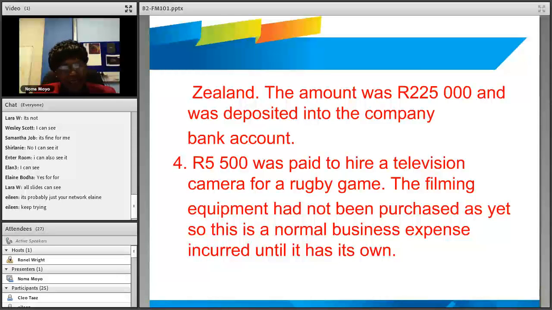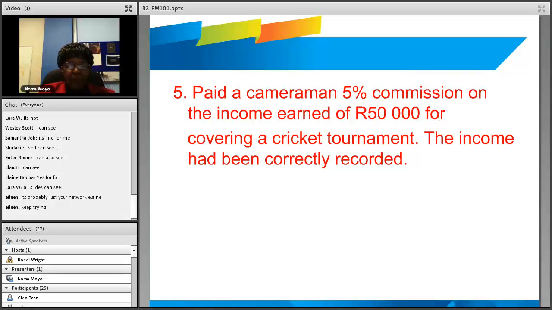Debit the receiver, credit the giver. Number 5, paid cameraman 5% on the income earned of 50,000 for covering a cricket tournament. The income has been correctly recorded. So if you paid a cameraman, you debit commission payable because it's an expense and credit the bank. Always debit the receiver and credit the giver.